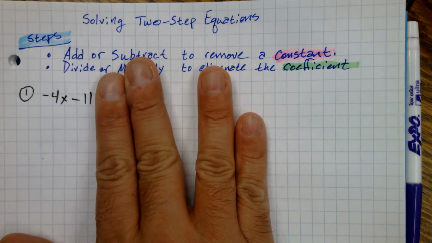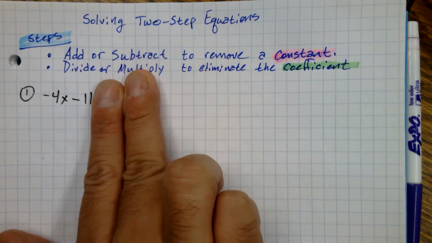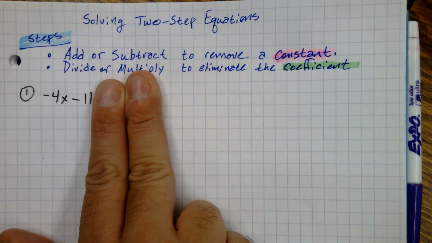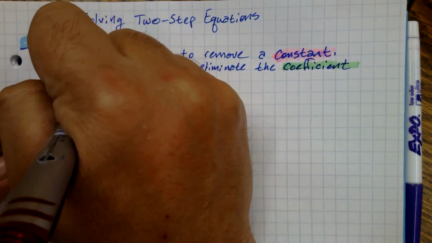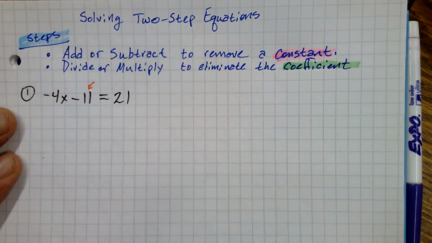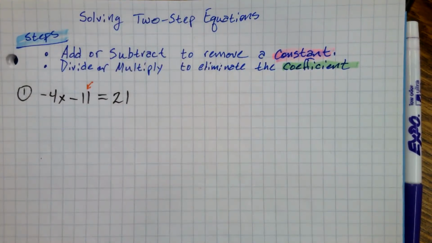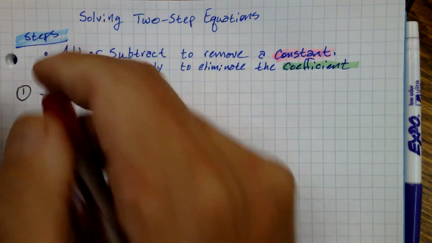Which of the numbers would you say is the constant? The constant's a number that's being added or subtracted. Yes, Alexis. 11. This is our constant. You can even think of it as negative 11 if you want, because of the minus. So this is the constant.